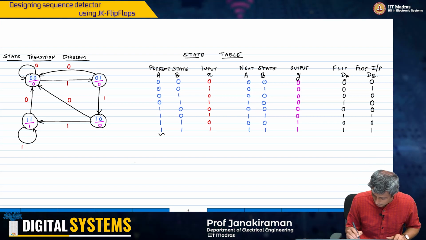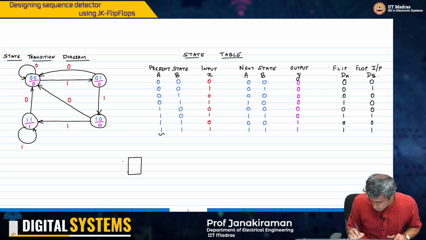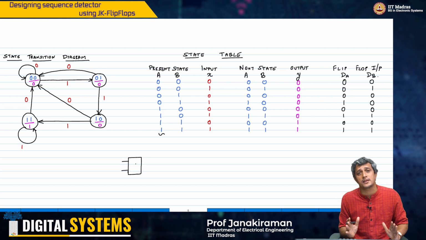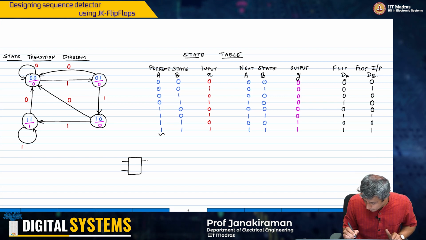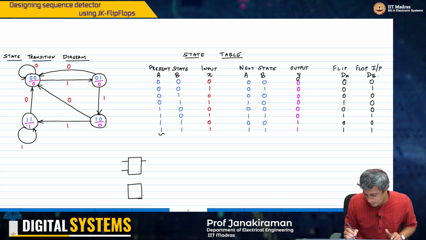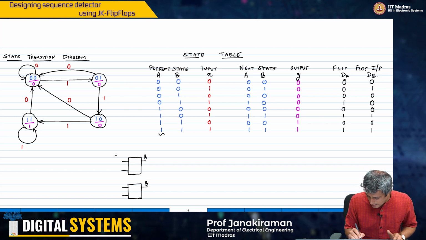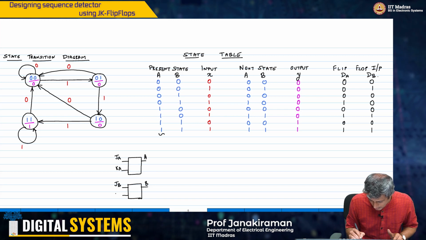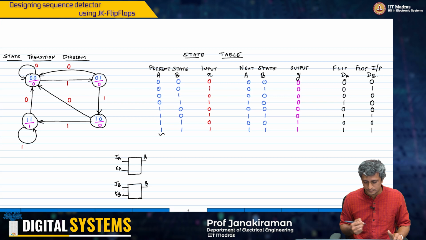We are now talking about two, so the number of states are the same. Therefore we just need 2 flops. I can call it a flop, by the way, instead of a flip-flop. It's a slight tongue twister. So I will call these A, B and JA, KA, JB and KB.